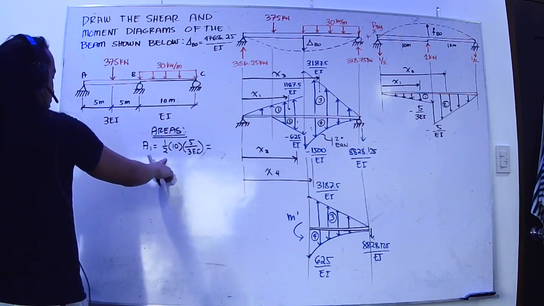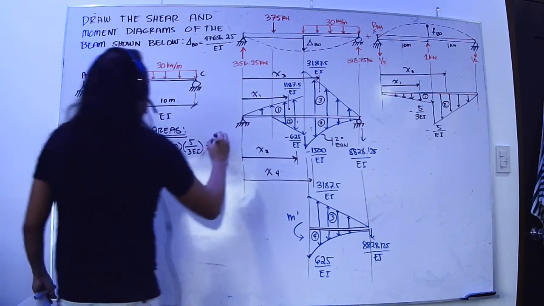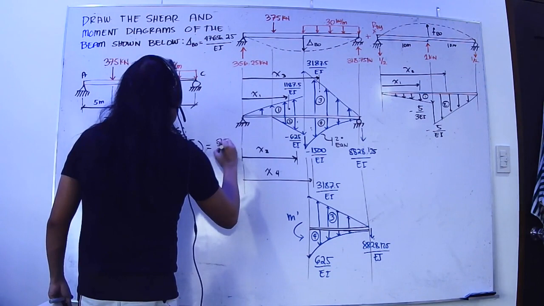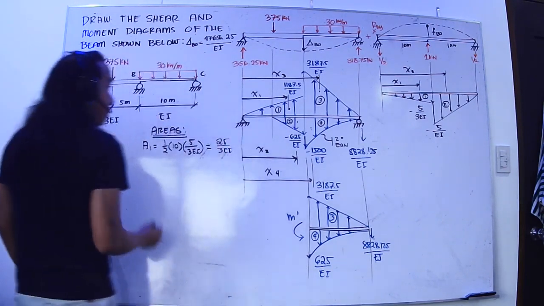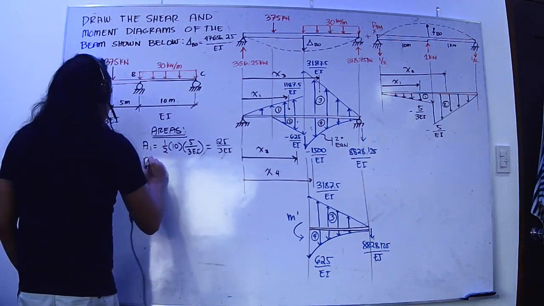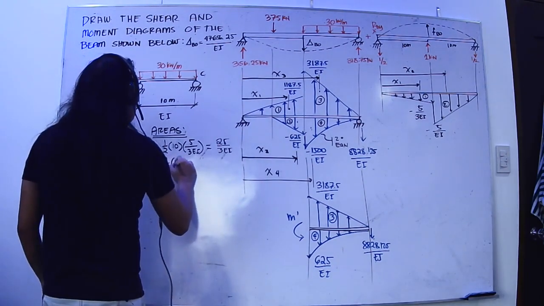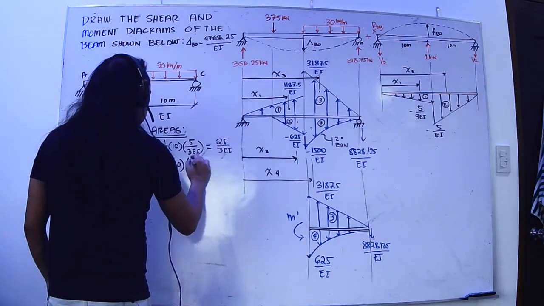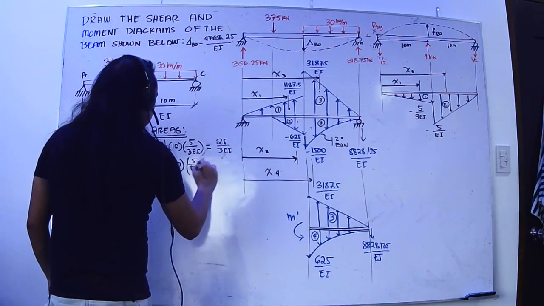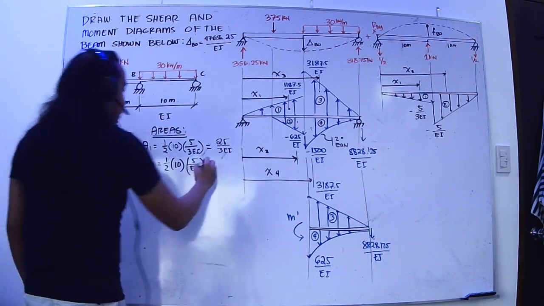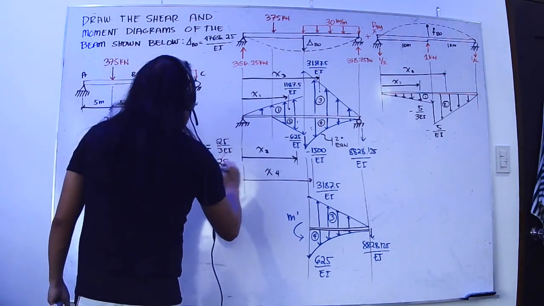So, that is 5 times 5, 25 over 3 EI. Okay? A2 is equal to 1 half times 10 times 5 over EI. So, 5 times 5, that is 25 over EI.